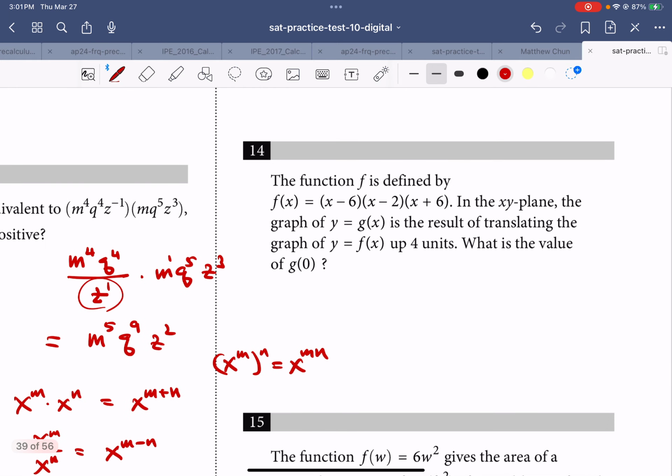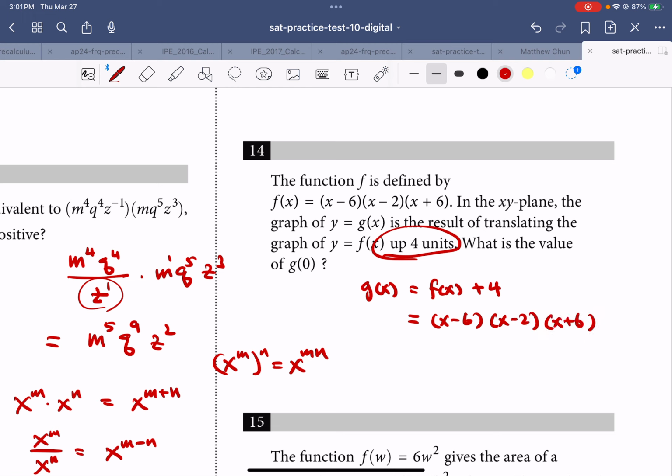Number 14, f of x like that in the xy plane. The graph of y equals g of x is a result of translating up 4 units. Okay, so that means your g of x is your f of x plus 4, right? So f of x, you plug it in: x minus 6, x minus 2, x plus 6, plus 4, okay? That shows 4 units up.